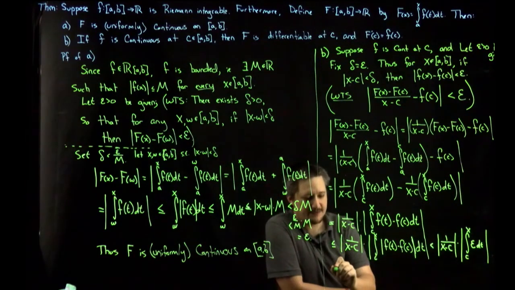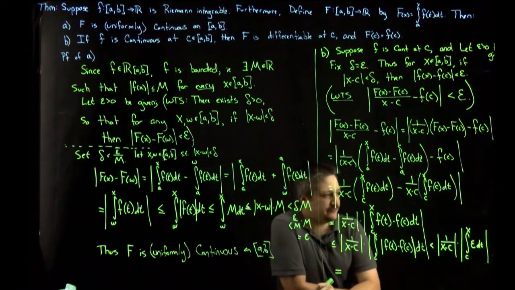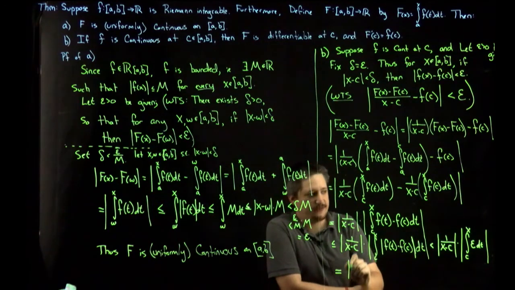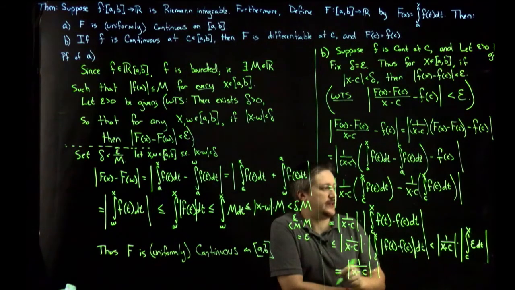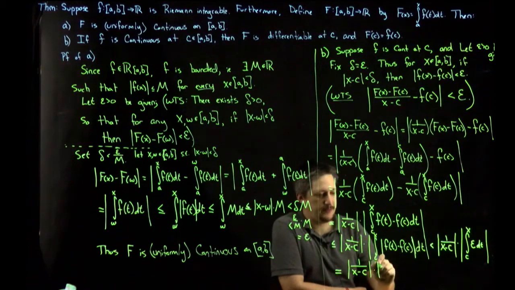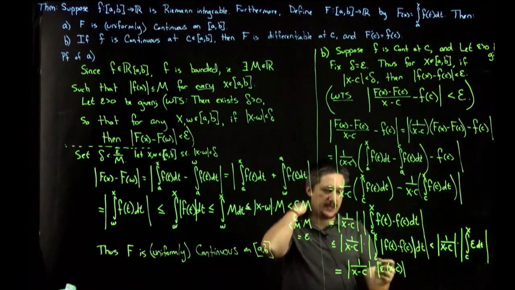So this thing, running out of space, hopefully this is visible. I still have the absolute value, 1 over x minus c. Here, I'm going to have absolute value, then I'm going to have this thing. So this is epsilon times absolute value of x minus c, where epsilon is a positive number.